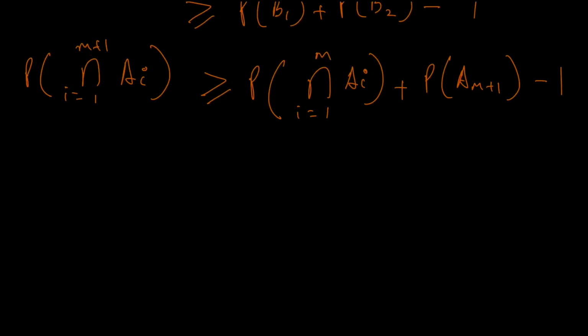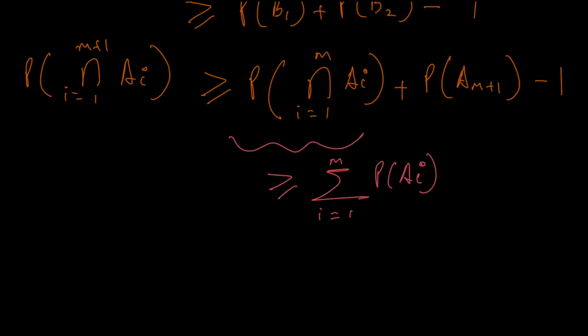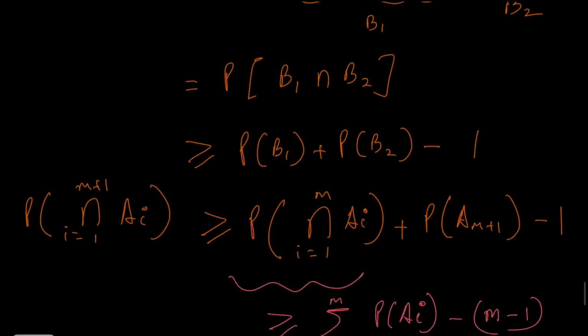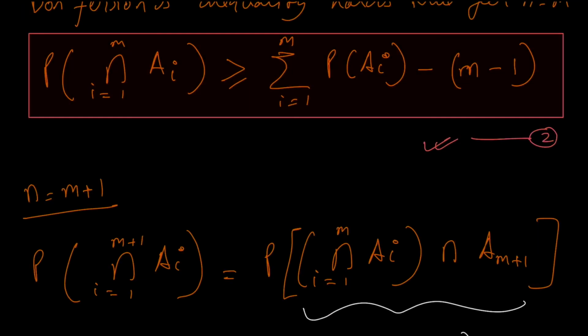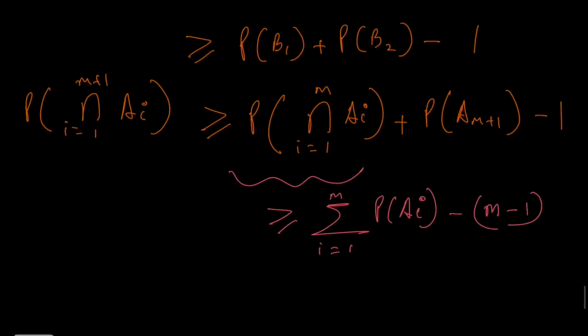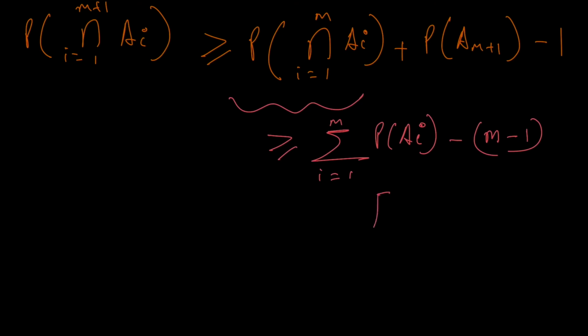Now we know that this is greater than or equal to summation i equal to 1 to m of P of Ai minus m minus 1. We know this from equation 2. This part is greater than or equal to this part, so that is the only thing that we are writing here.